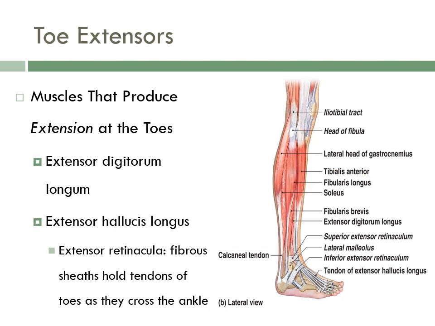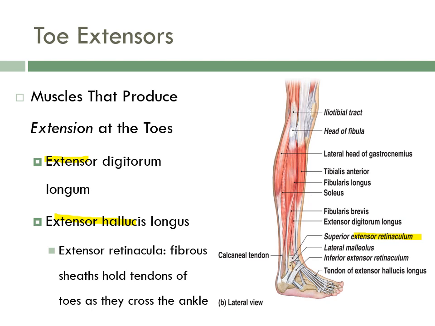So our toe extensors, we have extensor digitorum, longus and brevis, and we have extensor hallucis. So extensor hallucis is going to extend the great toe. Extensor digitorum is going to extend the rest of the digits. And then we have the extensor retinaculum, which is similar to the retinaculum in the wrist.